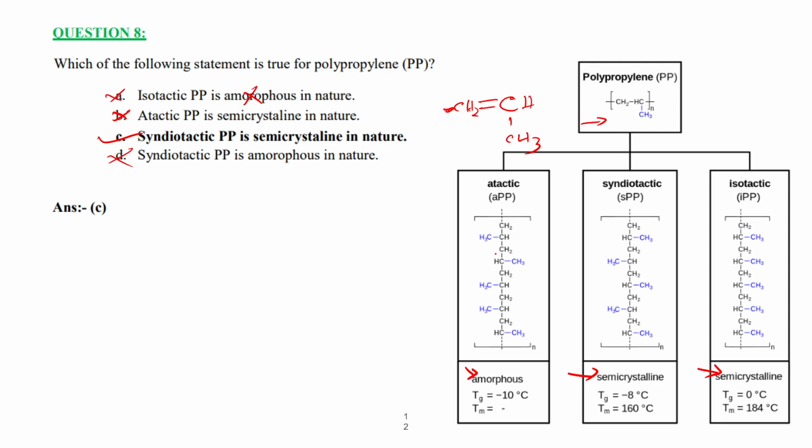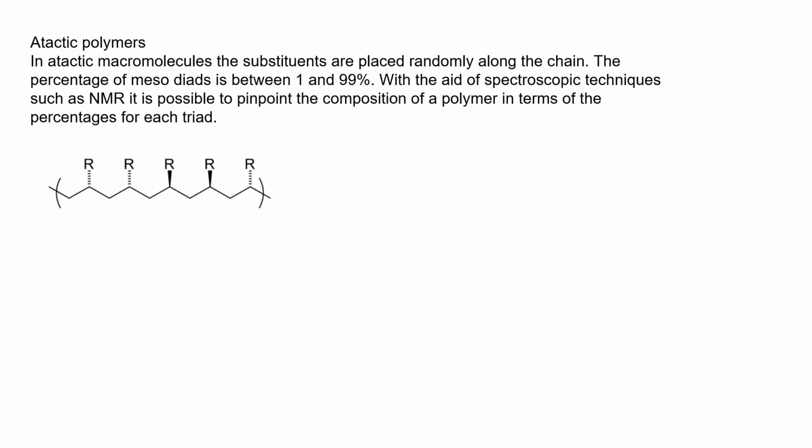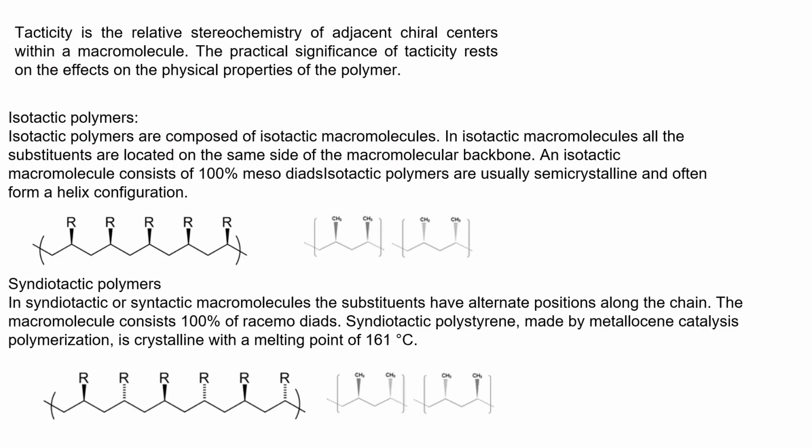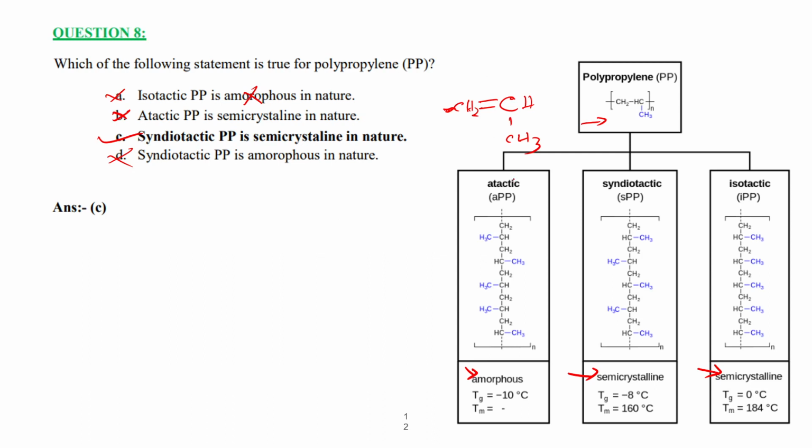That's why this symmetry arrangement, and deciding which kind of polymer you want to make, depends on this. Atactic is amorphous, and syndiotactic is semi-crystalline.